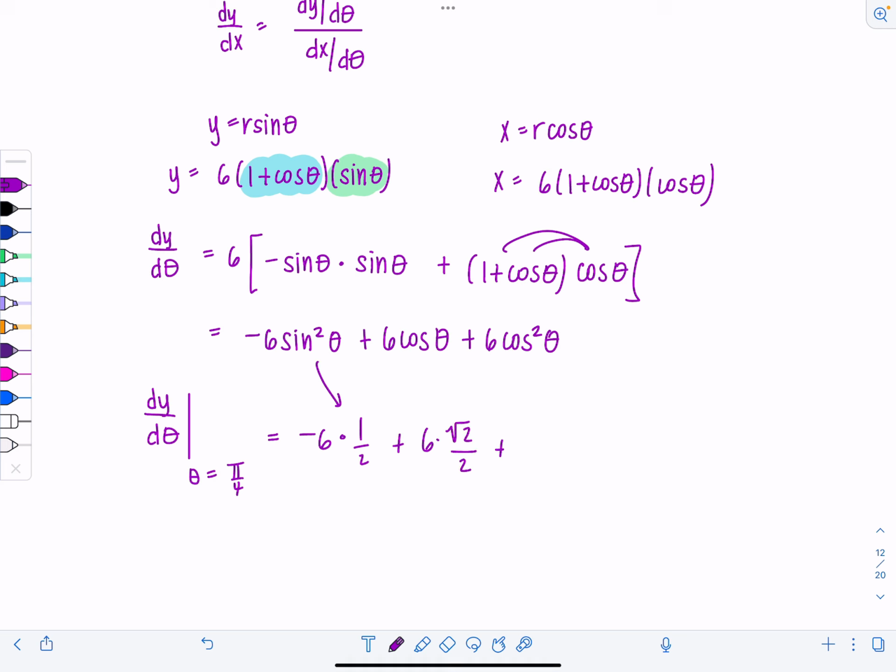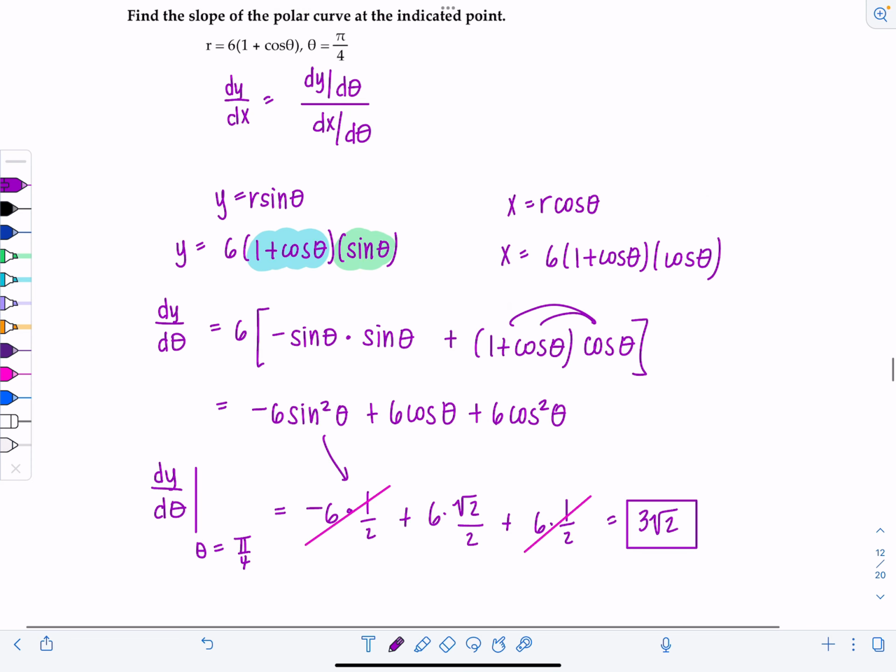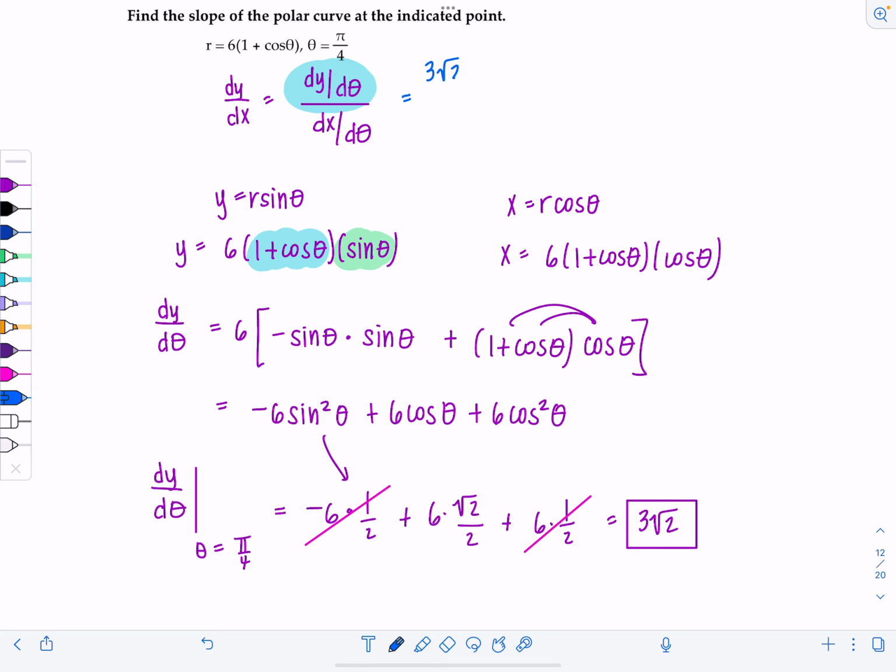And then 6 cos squared pi over 4, again, 6 times a half. You see that? Oh, and then this is negative 3, this is positive 3, that cancels. And I'm just left with 3 rad 2. That's dy d theta. So that means that's going to be in the numerator like that. So I already know it's going to be 3 rad 2 over something.